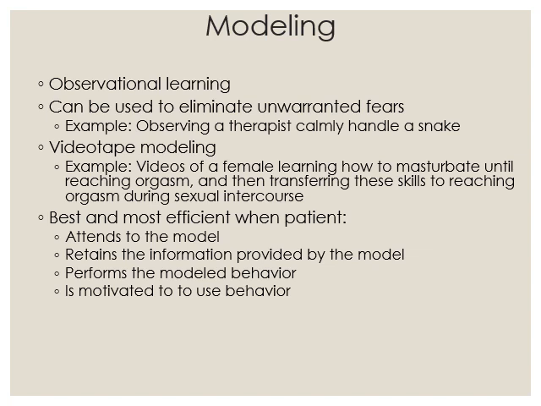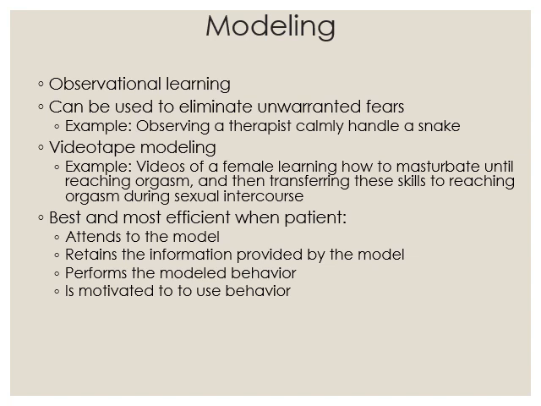The book gave another good example of videotape modeling, where females who were non-orgasmic watched a series of videotapes of another female, kind of an actress, I think, who played somebody who was non-orgasmic, learning to masturbate until reaching orgasm and then transferring these skills into orgasming during sexual intercourse.